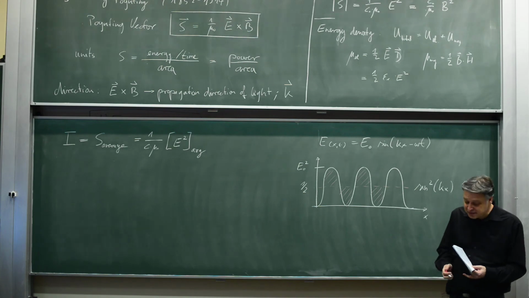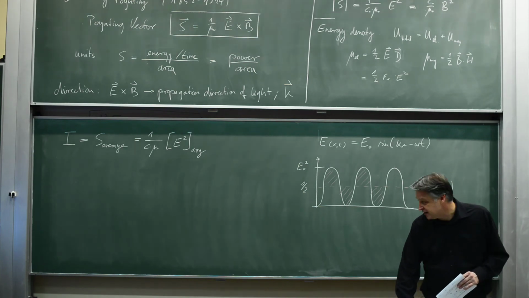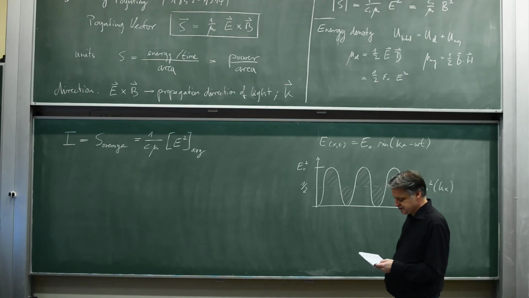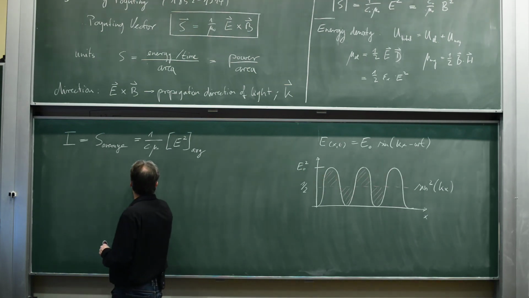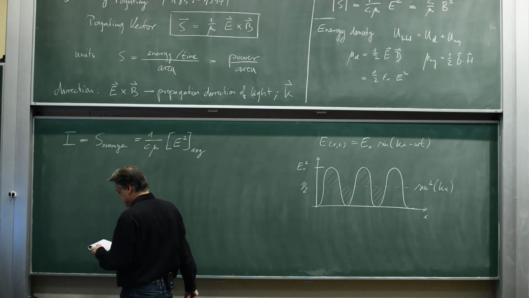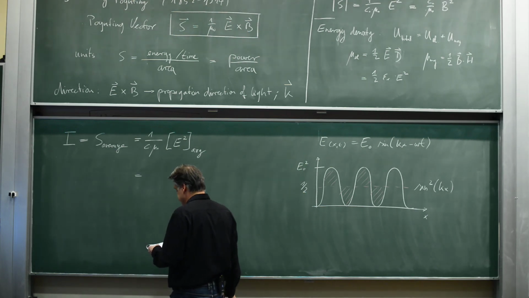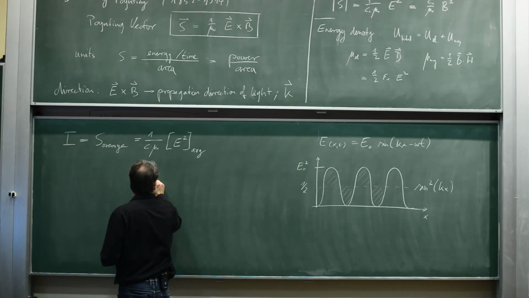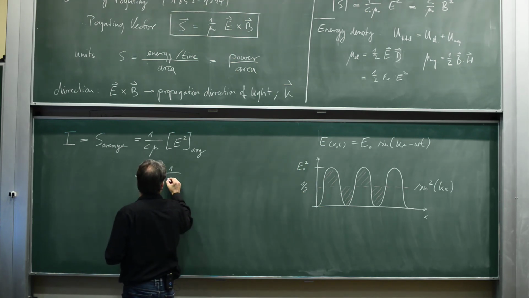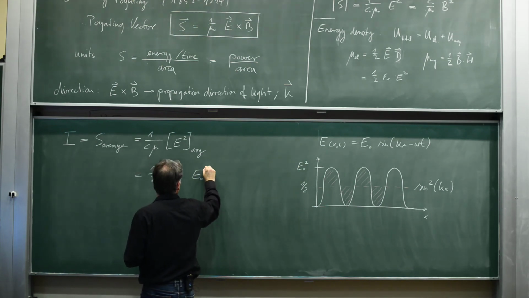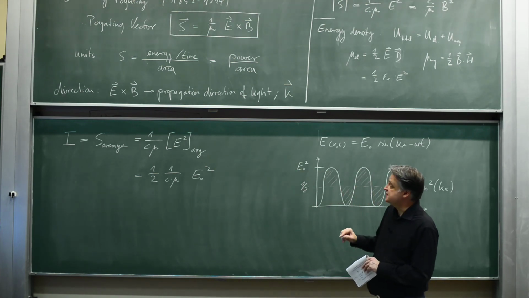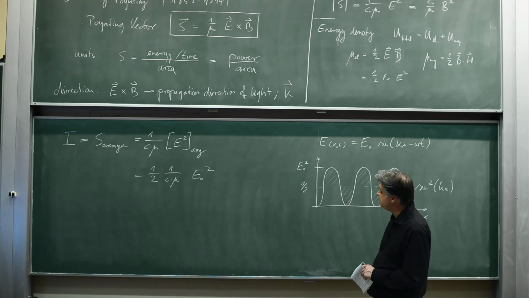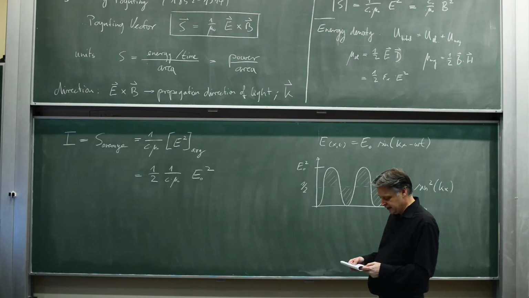That's a simple approach to solve that integral, this time average. And if you do so, you get directly that the intensity, or the averaged one, is 1/2 times 1 over c mu naught times E naught squared. This is the averaged Poynting vector, or our intensity.